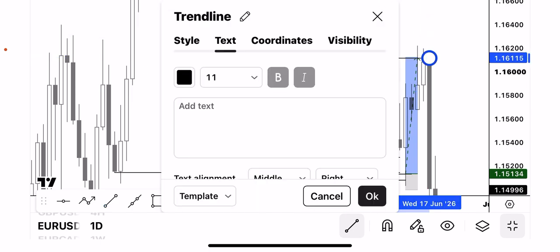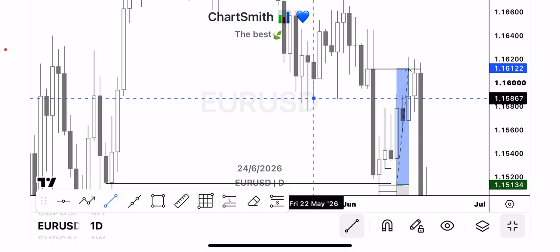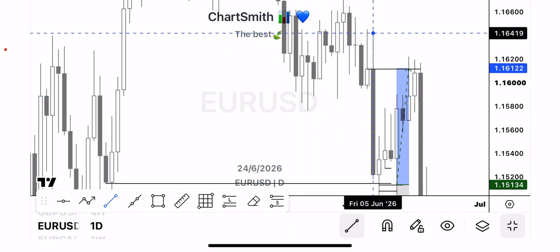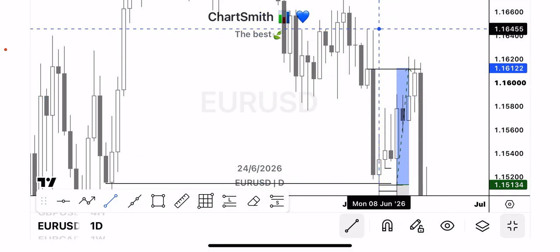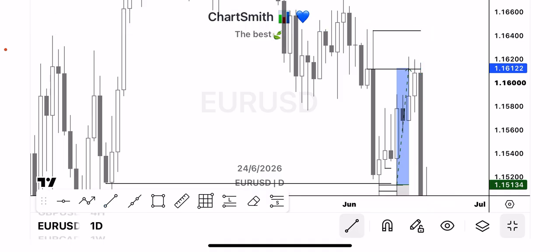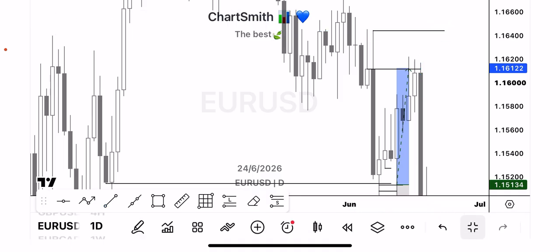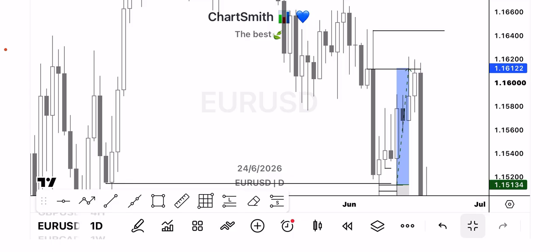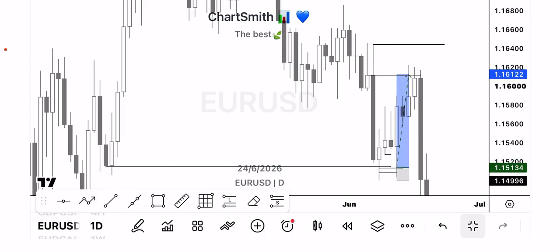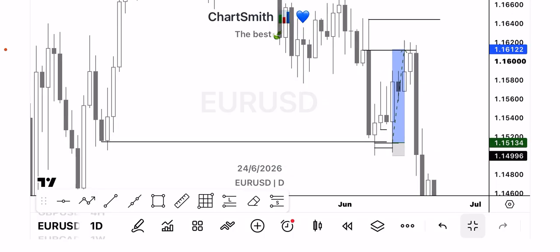Remember, we also have a CRT range, but why we won't be making use of the CRT range fully is because this is a counter trend trade. Assuming it was in the same trend, maybe the range would have held, but this is against the trend.